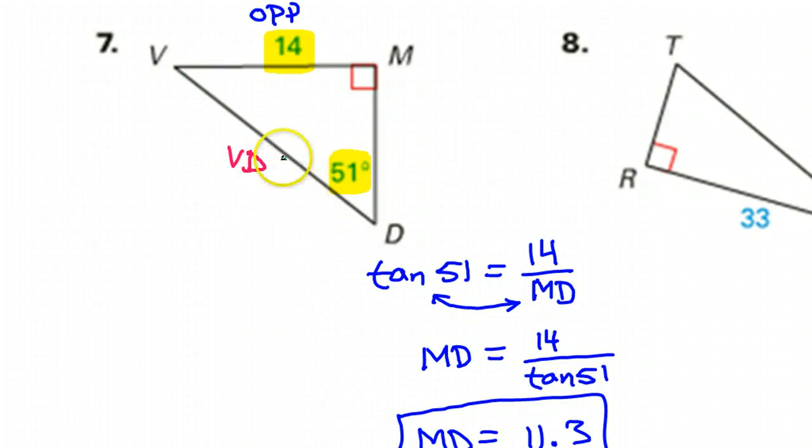So which trig function am I going to do now? Since VD is the hypotenuse, I've still got the opposite leg here, and I've got the hypotenuse. So which trig function is that?